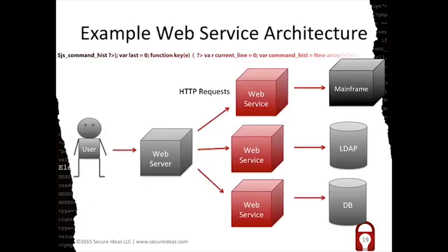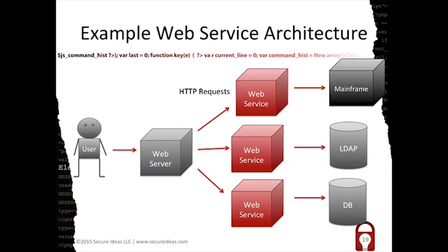In an example of our web service architecture, usually things get more complex because there's another layer of abstraction in there. So now we have our user talking to their browser. It's talking to a web server, which could be running Tomcat or something like that. And rather than talking directly to a database, it's talking to a web service, which is exposing just some function calls.